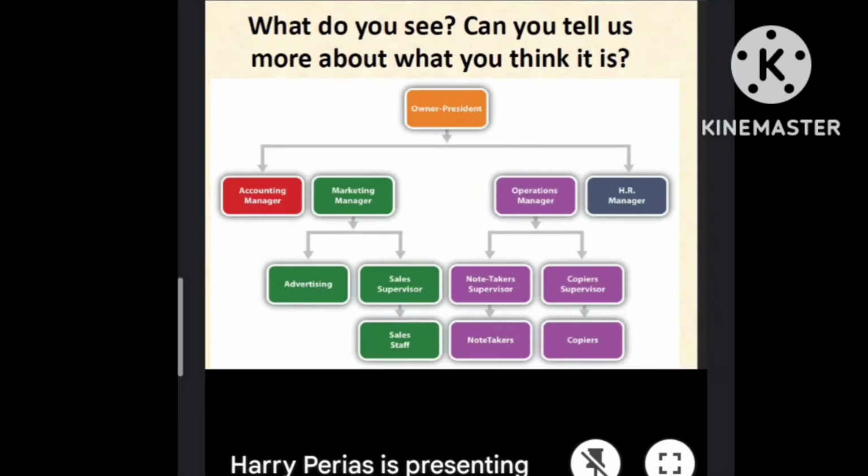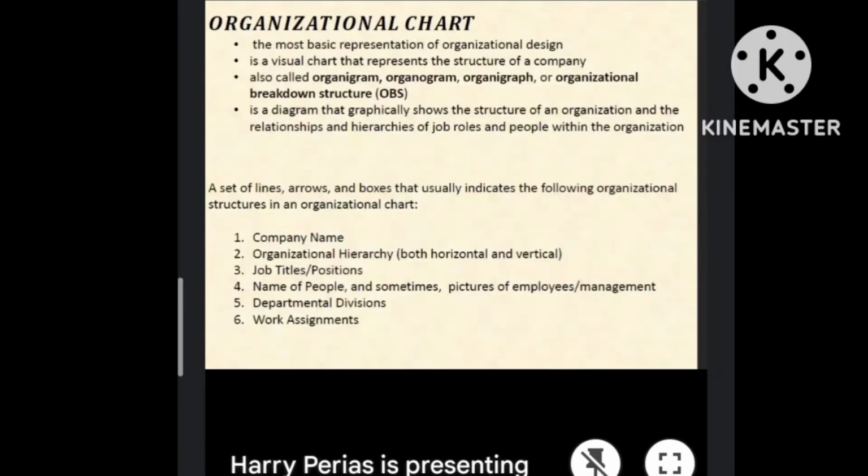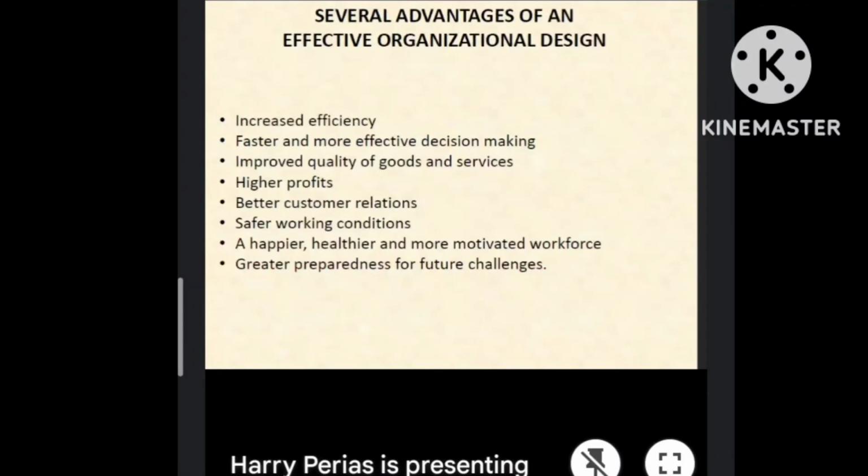Magkakaroon sila ng problema kasi in the long run, hindi nababalik yung kanilang mga customers na nagkaroon ng hindi magandang experience na sobrang tagal at hindi ma-meet ang deadlines na kailangan ng kanilang mga customers, okay? So, hindi puwedeng iisa lang yung copier diyan, kailangan madami din sila, okay?